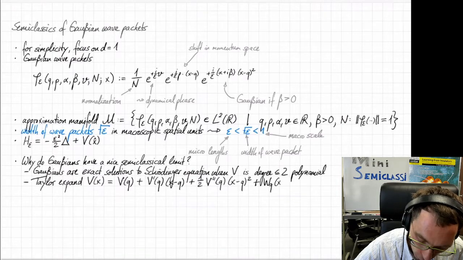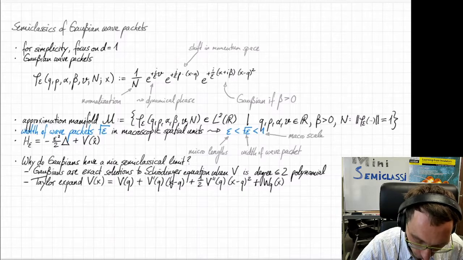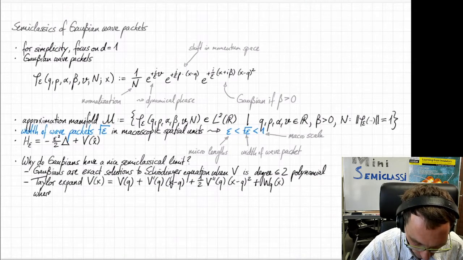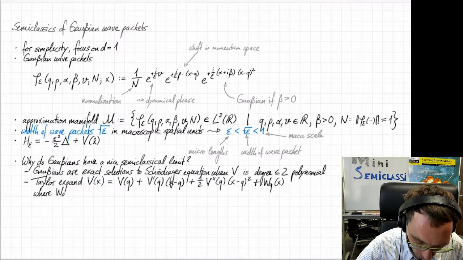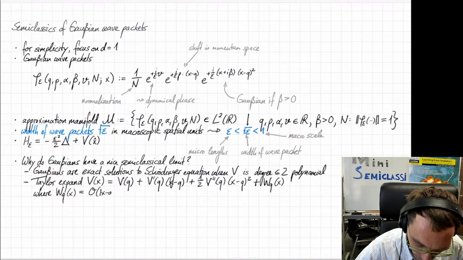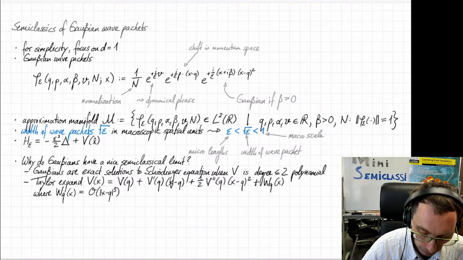So let's call the remainder W_Q of x, where of course W_Q of x is third order. And that's already the idea, right?